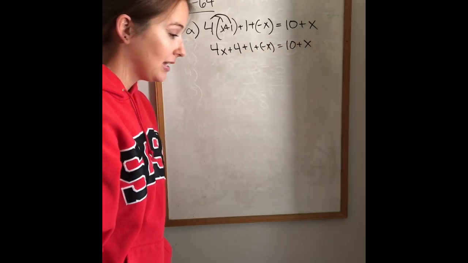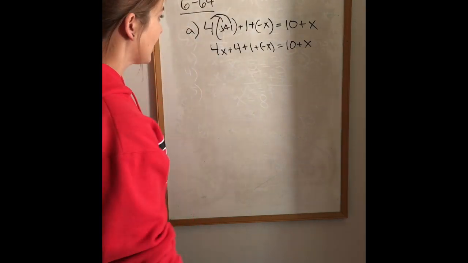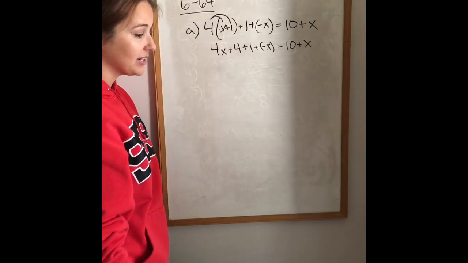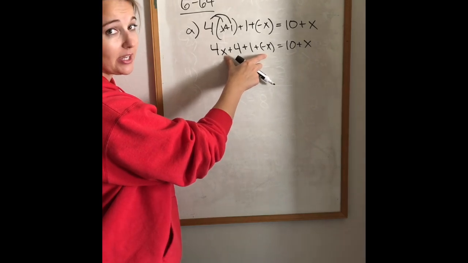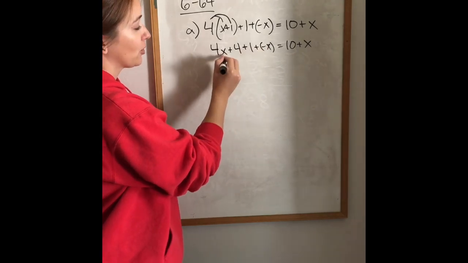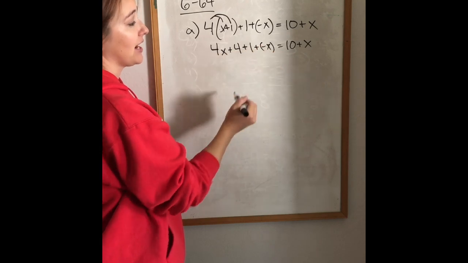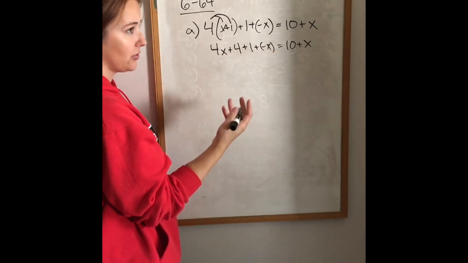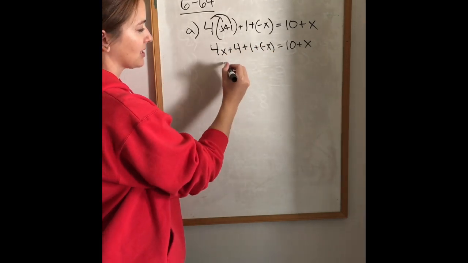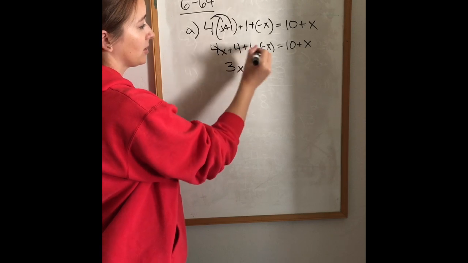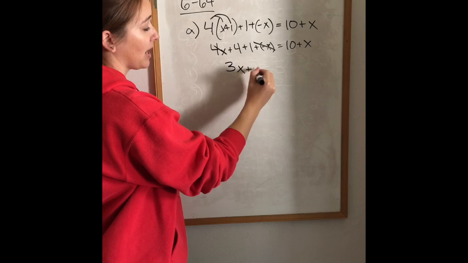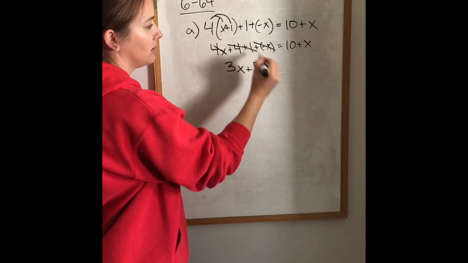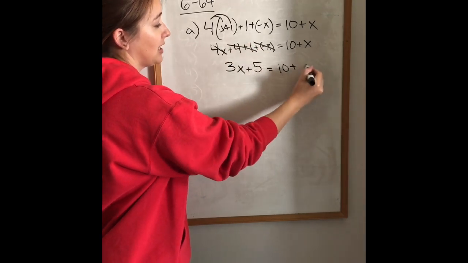The next thing I did is I combined like terms on this side because there's a couple terms that we can combine. So this 4x and this plus negative x can be combined because they're like terms. So 4x minus x is 3x. And then 4 plus 1 needs to be combined to 5. So that's done. Equals 10 plus x.